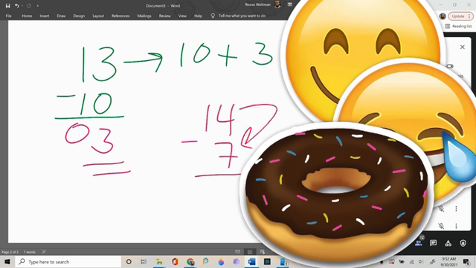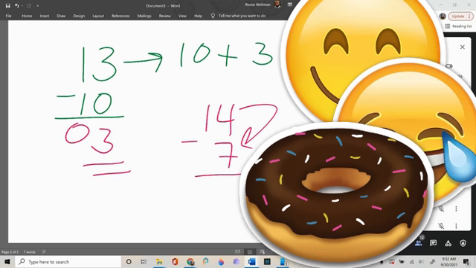Jennings, what is 7 plus 7? Do you remember that one? No? Yeah, what's 7 plus 7?